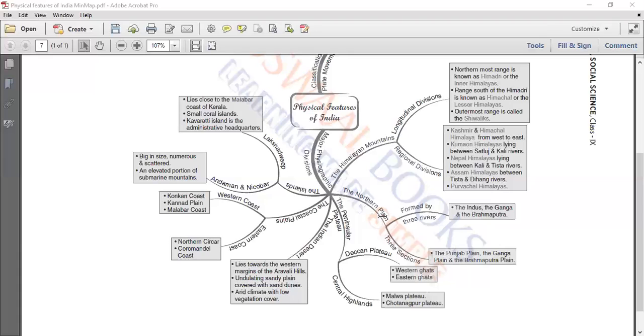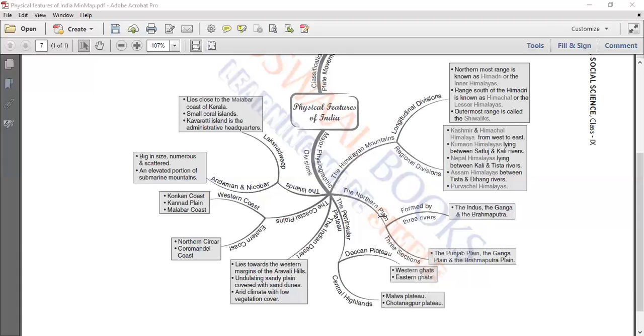Then we went to learn about the Indian desert, the Thar Desert. We know that it lies to the west of the Aravalli Range. It is an undulating sandy plain covered with sand dunes, with an arid climate and low vegetation cover.